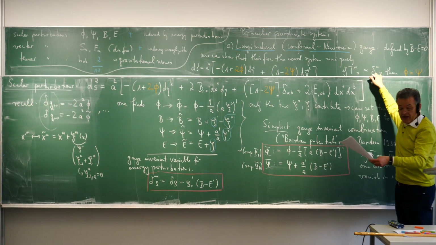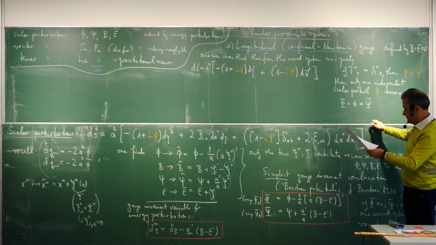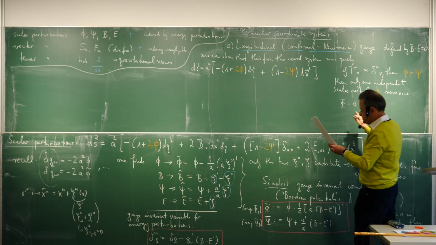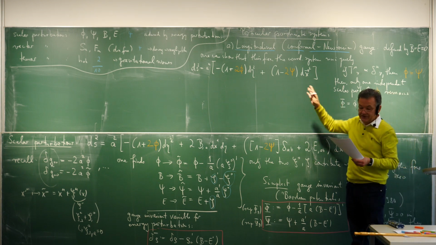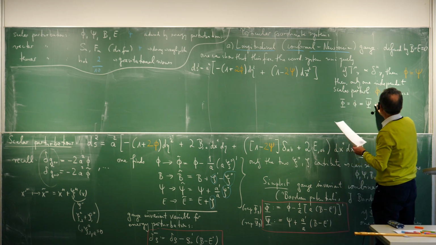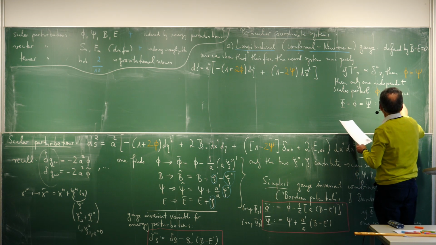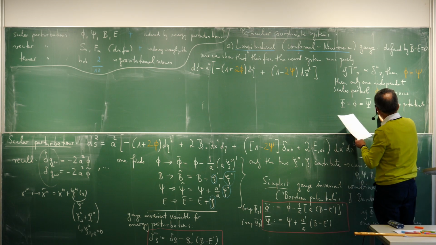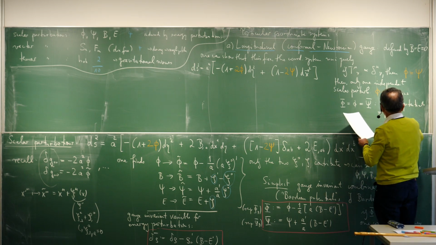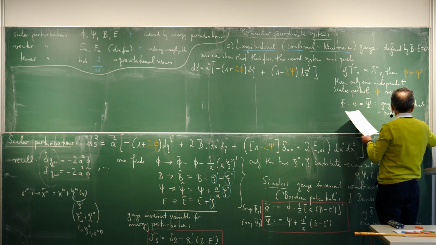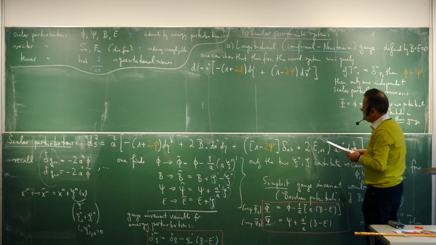This is a very nice property of the longitudinal gauge, which means that the gauge invariant potentials coincide with the potentials in that particular gauge, so they have a direct physical meaning and can be interpreted.